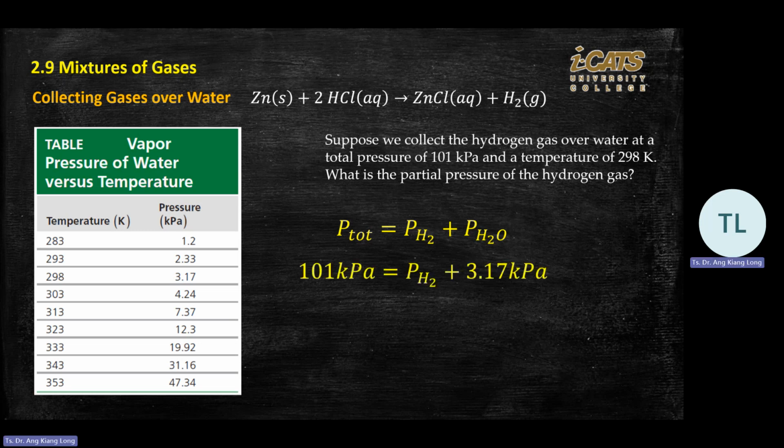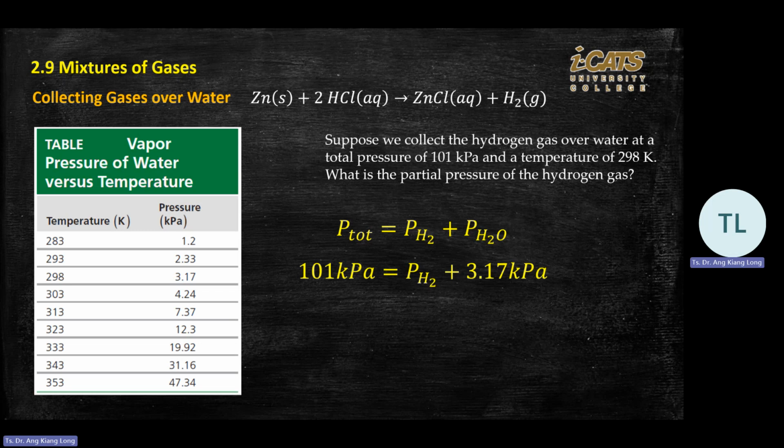Okay, you put in the value. Total pressure is 101 kilopascal. Hydrogen pressure is missing. For water, you need to refer to the table, 317. Why 317? Because the temperature of 298 Kelvin is given in the question.